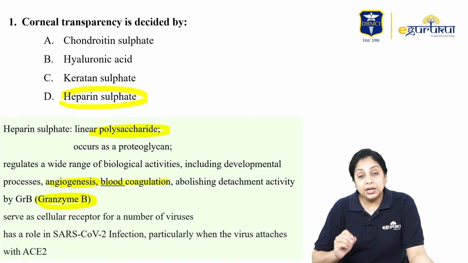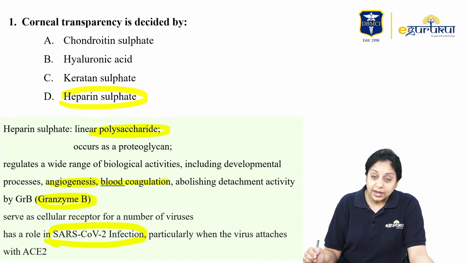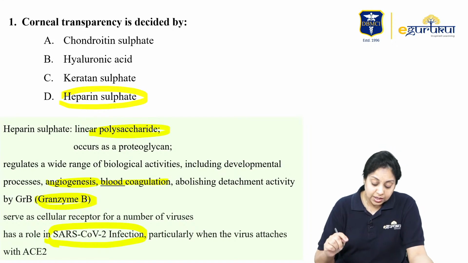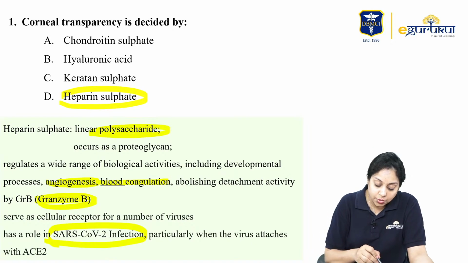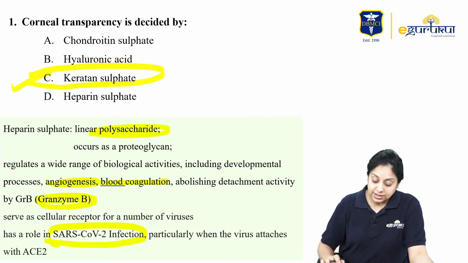It is also related to SARS-CoV-2 infection, particularly when it has to bind to the ACE receptors, that is the point where heparan sulfate plays a major role. Okay, so these are the four choices, and corneal transparency is decided by choice C. That is the correct choice, that is keratan sulfate.